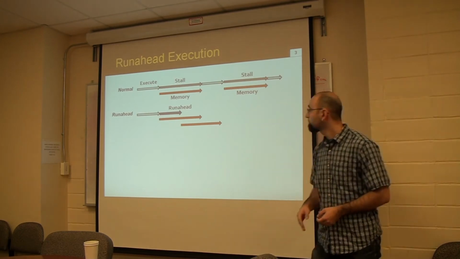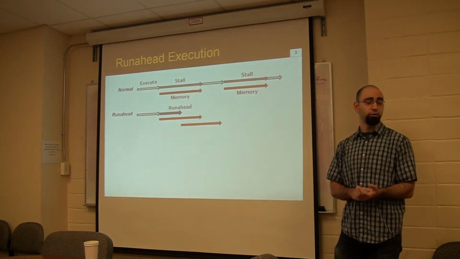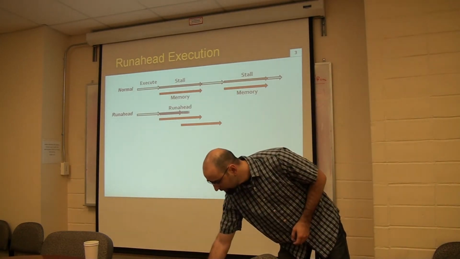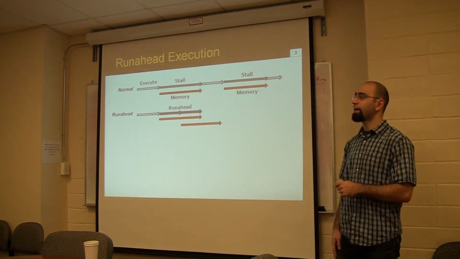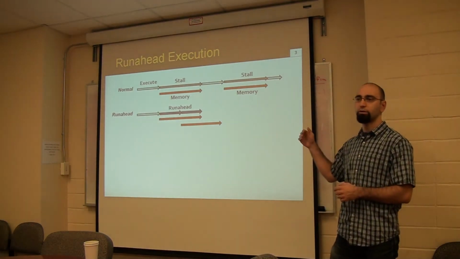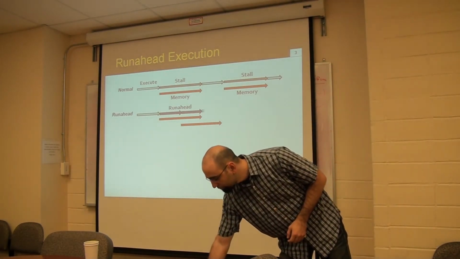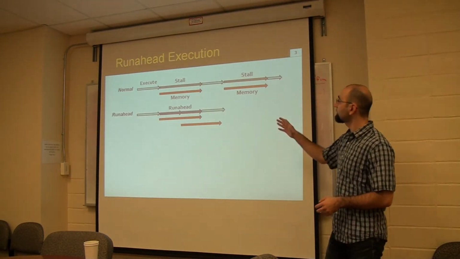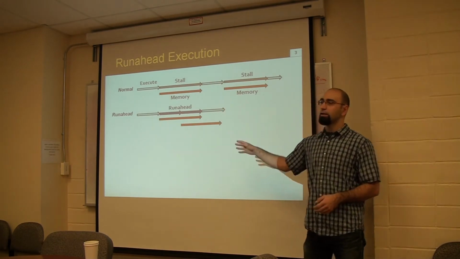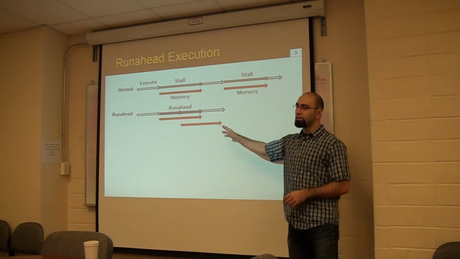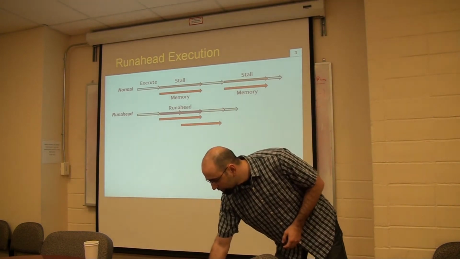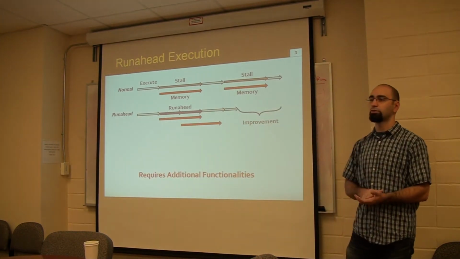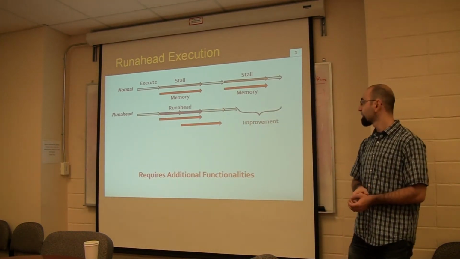So we initiate the second miss as soon as we figure it out. We continue execution until the initial miss comes back. The initial data that we asked for from the memory comes back, and we switch back to normal execution. By the time we reach the point where we need that data, hopefully it is already in the cache, and we don't encounter that second miss anymore, and we basically gain that much performance improvement.